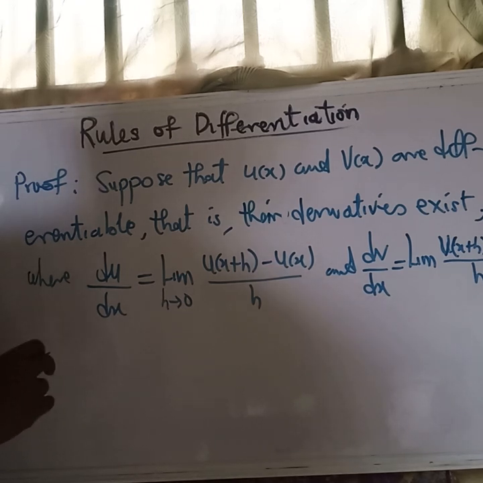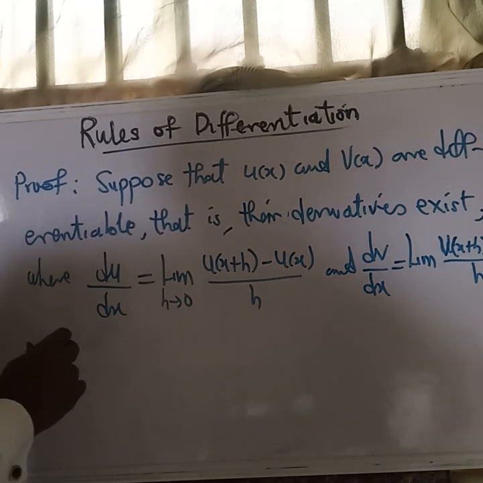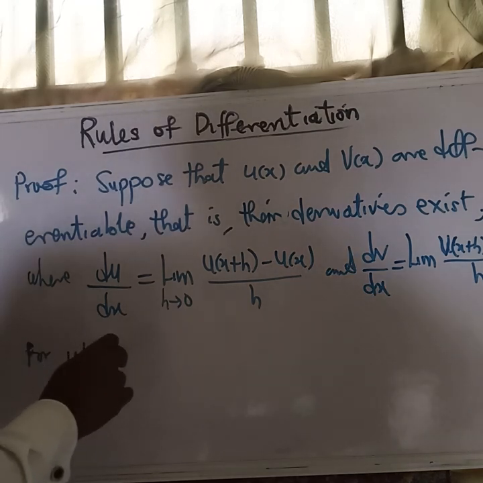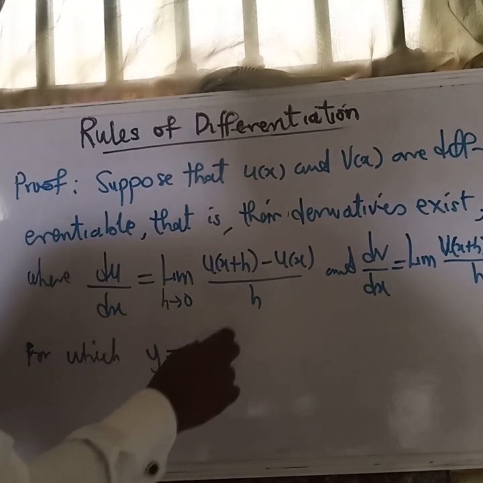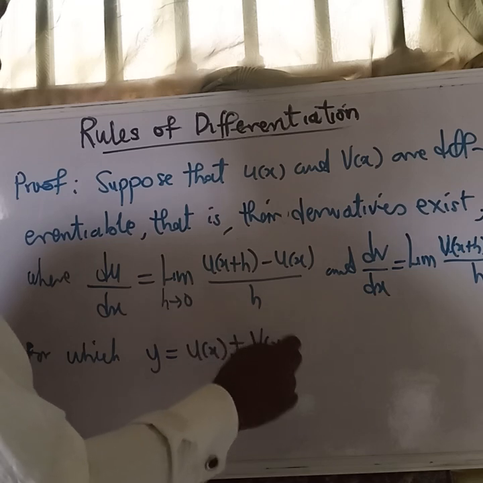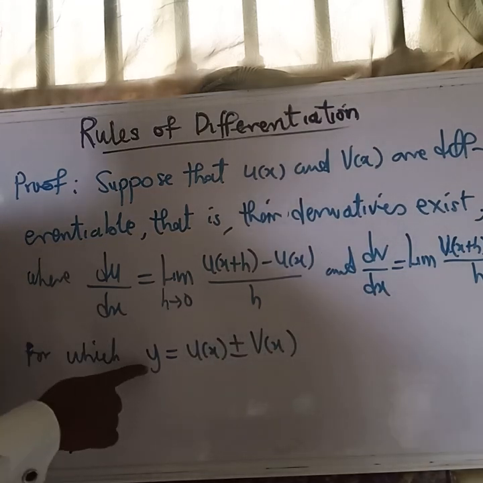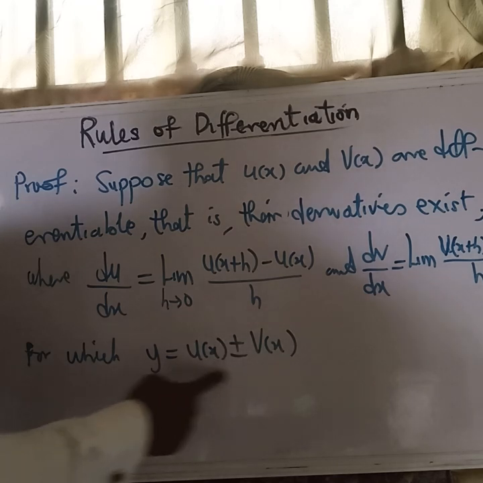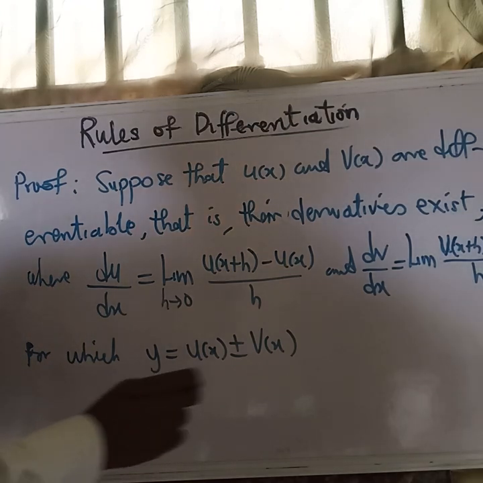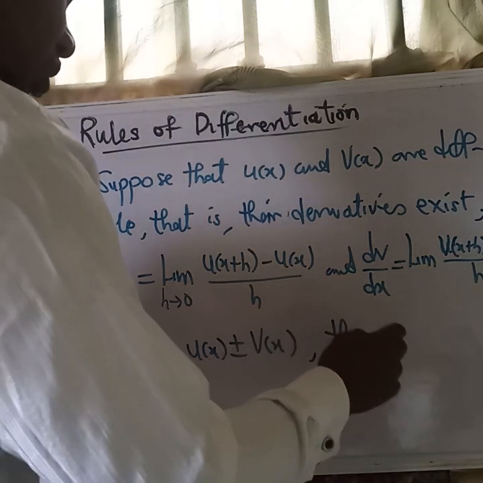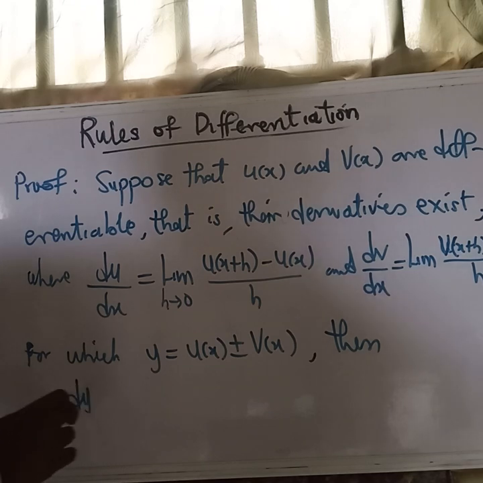By the antecedent of the rule we stated earlier, so we have that. We want to see, if y is given as the sum or difference of two functions, whether dy/dx also exists.